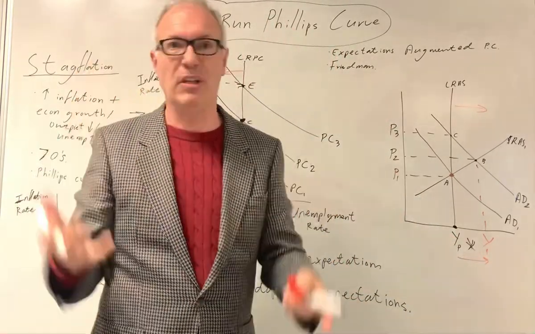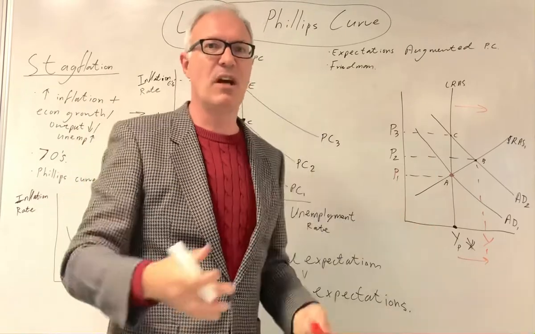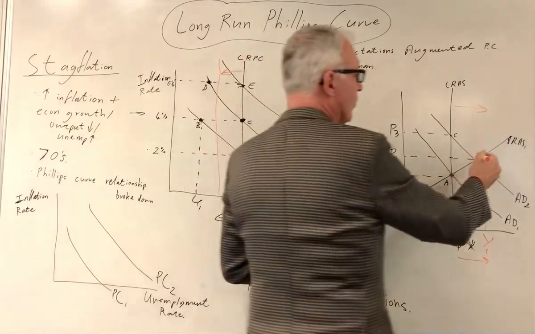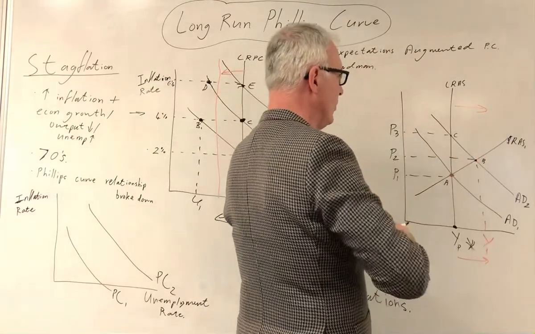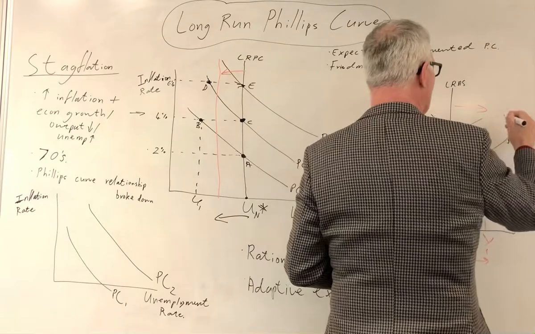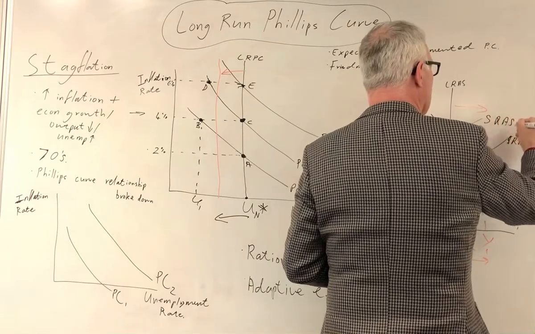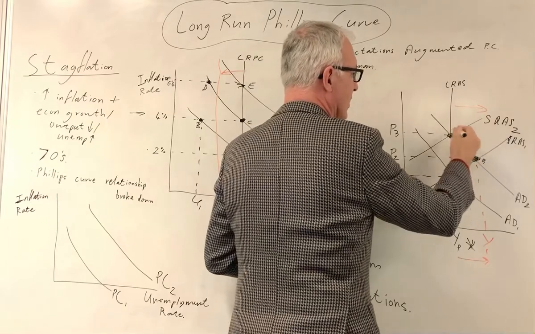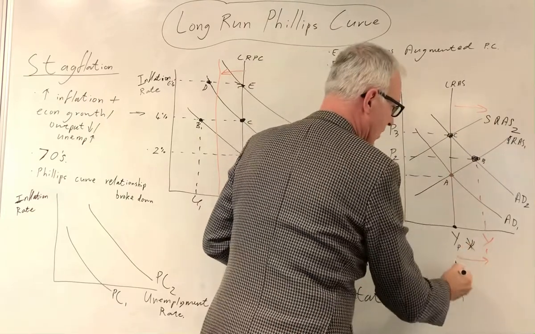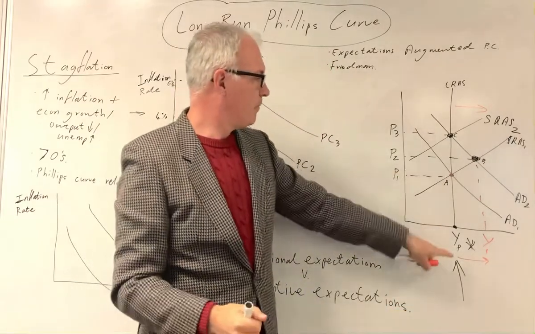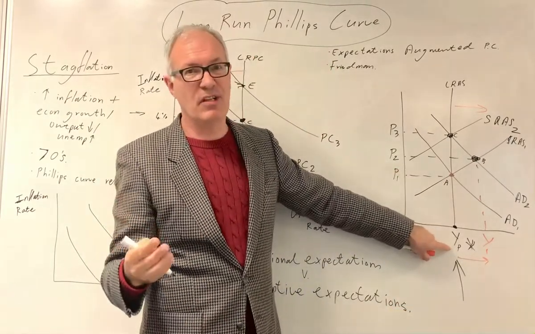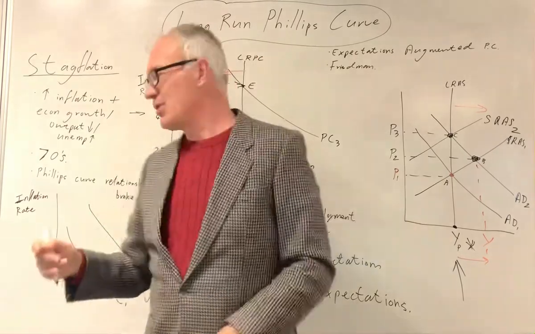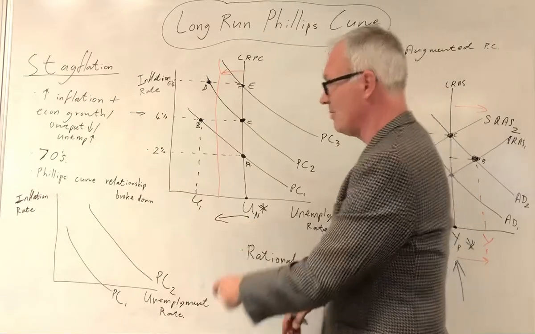And those shortages mean they can negotiate high wages. That's a key point. High wages result in higher costs to firms, and therefore the long-run aggregate supply curve will move to the left to SRAS2, and we move from point B to point C. And there we are back at potential income, which corresponds, of course, to the natural rate of unemployment.